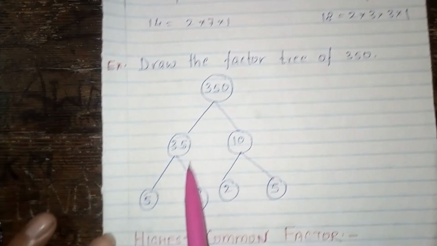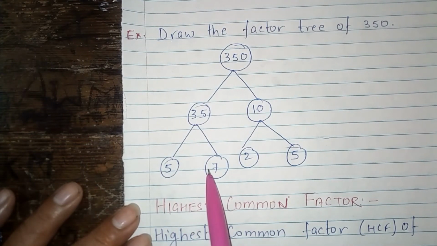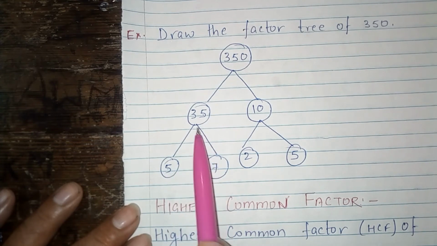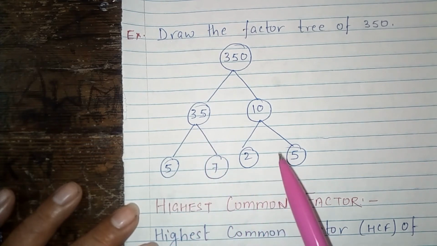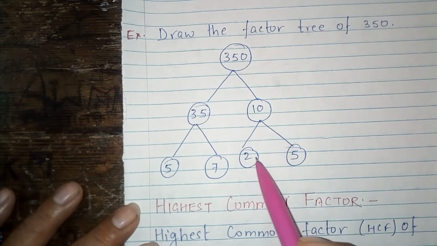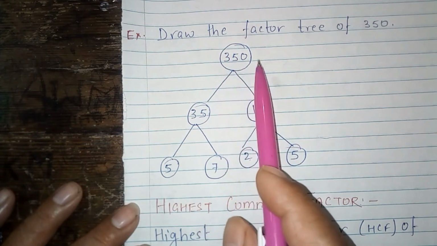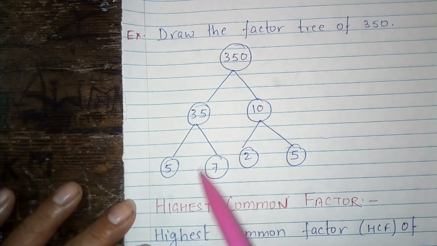Again, 35 is the product of 5 and 7, 5 times 7 is 35. Again, 10 is the product of 2 and 5, 2 times 5 is 10. So this is the factor tree of 350. Okay.